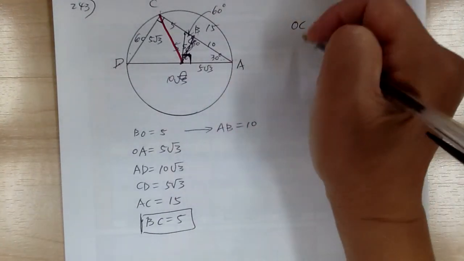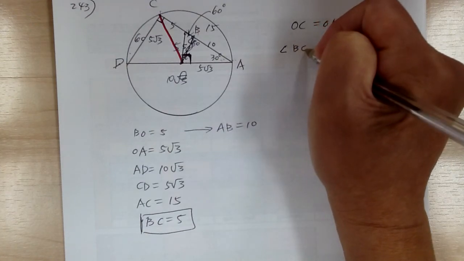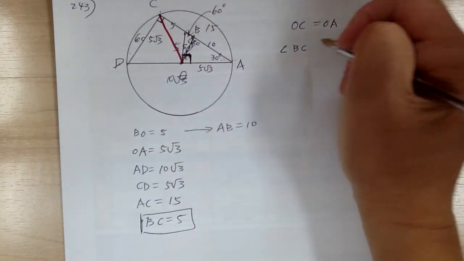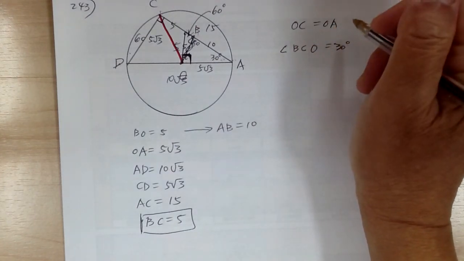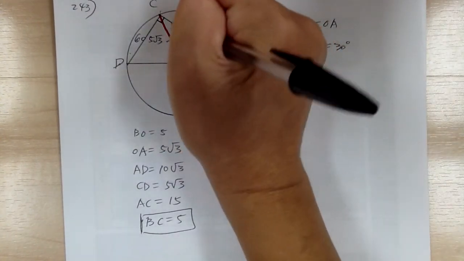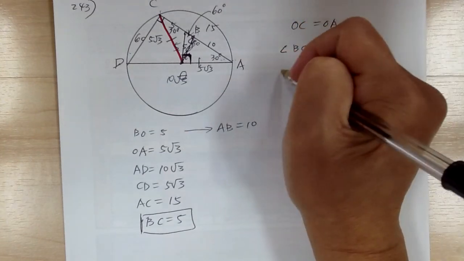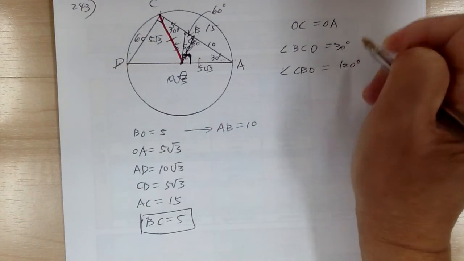And you can see that angle BCO equal to 30 degrees. Because of isosceles, this would be 30 degrees. And angle CBO will equal 120 degrees.